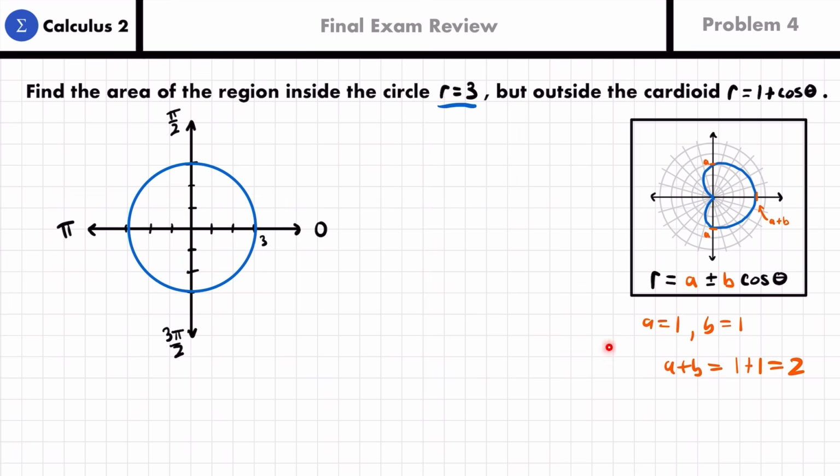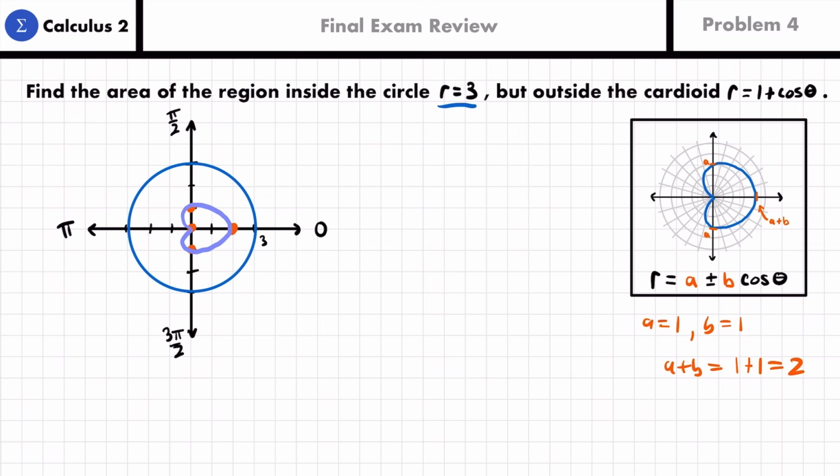So here are the points that we can plot to help us graph this cardioid. We'll have a point at the origin, and then a point at a radius of 1 above the polar axis, a point at 1 below the polar axis, and then a point at a radius of 2 along the angle of 0. Okay, and so then connecting those points, making the shape of a cardioid, we get something like this.